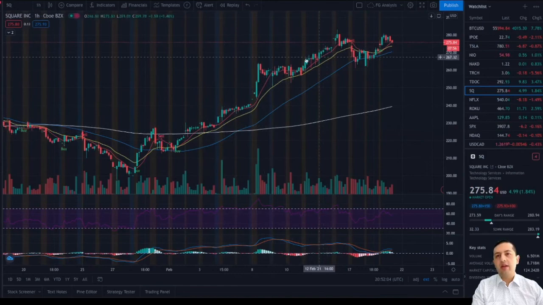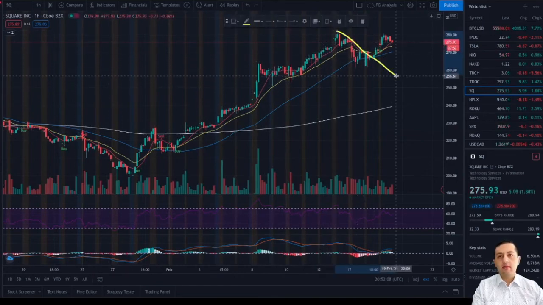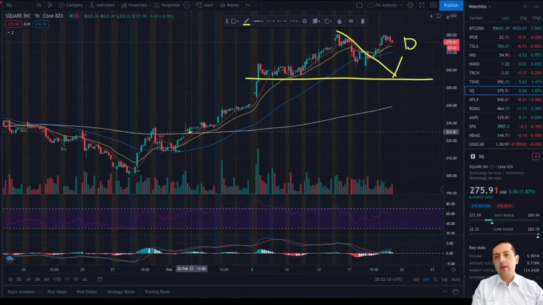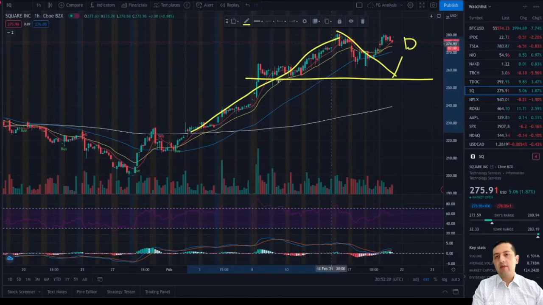Price has been going up for so long that what I would like to see is price come lower here to test this support level right here, and then go up, and this is where I could enter a trade again. But for the moment, price already went all this way up, so price needs to take a break. You need to give price some time to come back and stabilize before it takes off again.